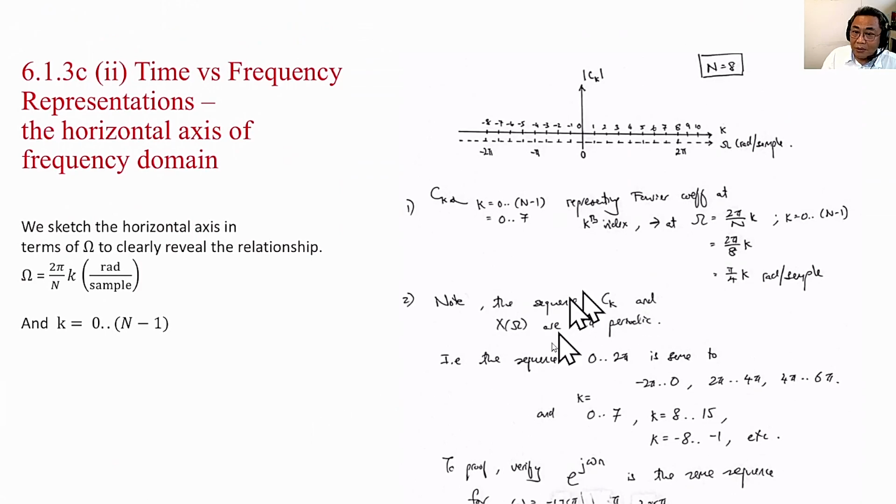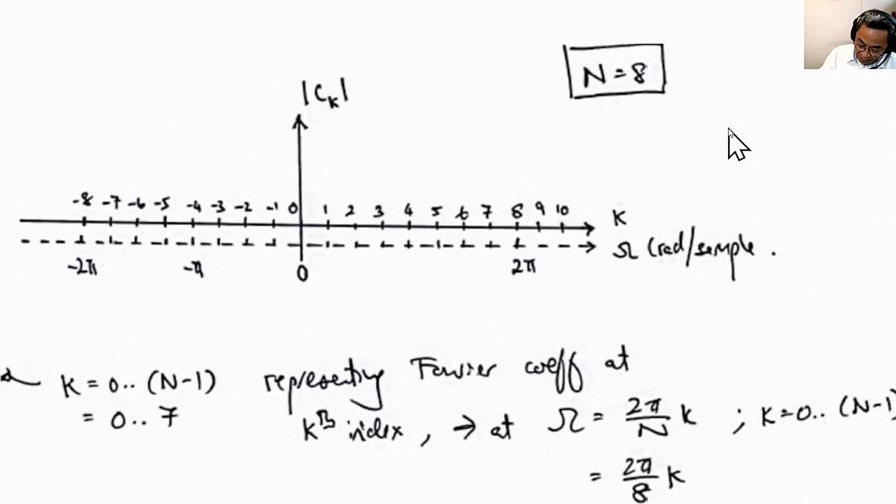Right. So now let us see the relationship of k to omega, radians per sample. If we have k equals 0, 1, 2, 3 up to, in this previous example of n equals 8, what we see is that we'll label C0, C1, and in fact we're only interested in C0 up to Cn minus 1, for the magnitude and the phase.